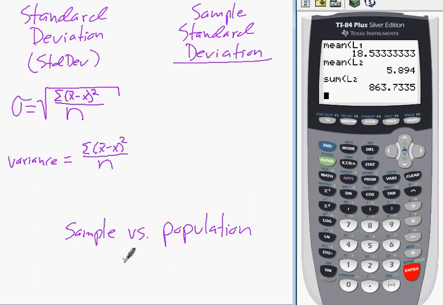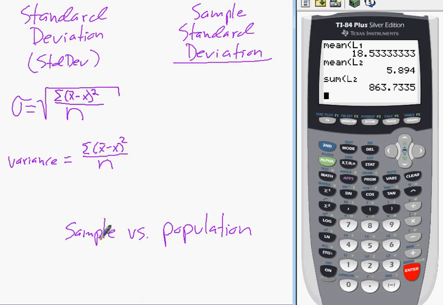But really, there are a lot of other rose bushes in the world. So it'd probably be a little bit more accurate to say, well, those 15, if we wanted to talk about what all of the rose bushes might be like, those 15 would really just be a sample, a portion of all of the rose bushes in the world, or of a particular species, or however you want to define it.